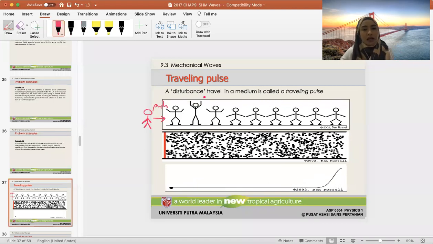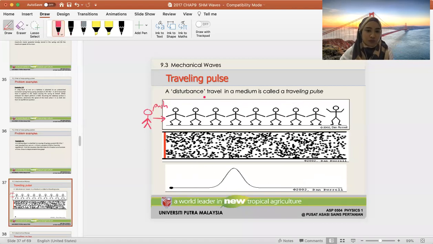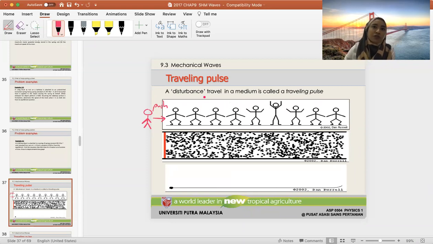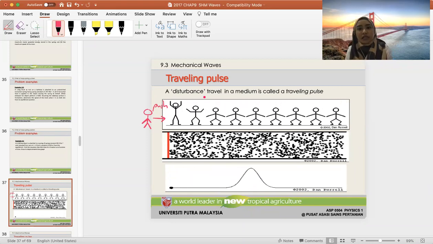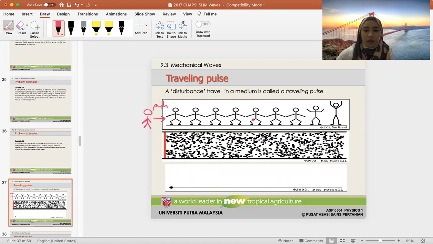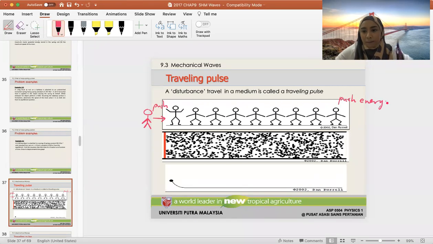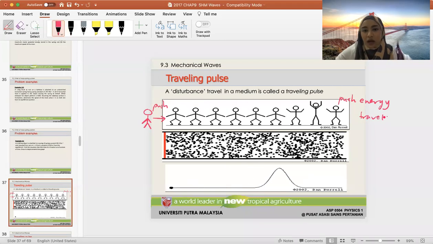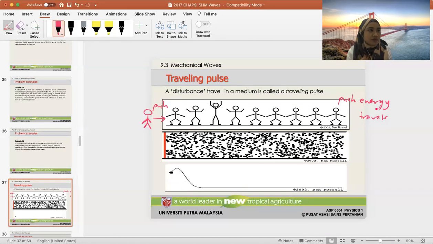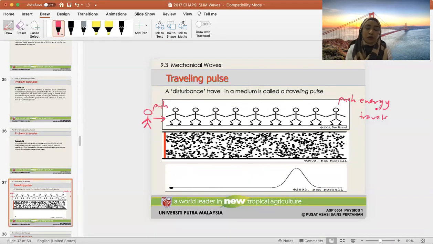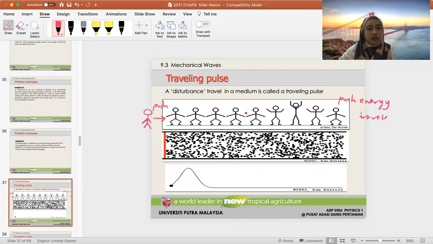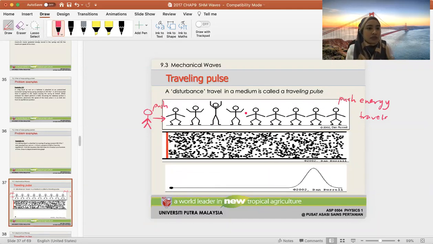This guy then wants to push the next guy, and the next guy pushes the next guy, and the next guy pushes the next guy. What is happening here? The push energy travels. But are we traveling? Am I traveling as a person? Am I moving? No, I'm not moving. I'm just pushing, and then I'm just there, right?